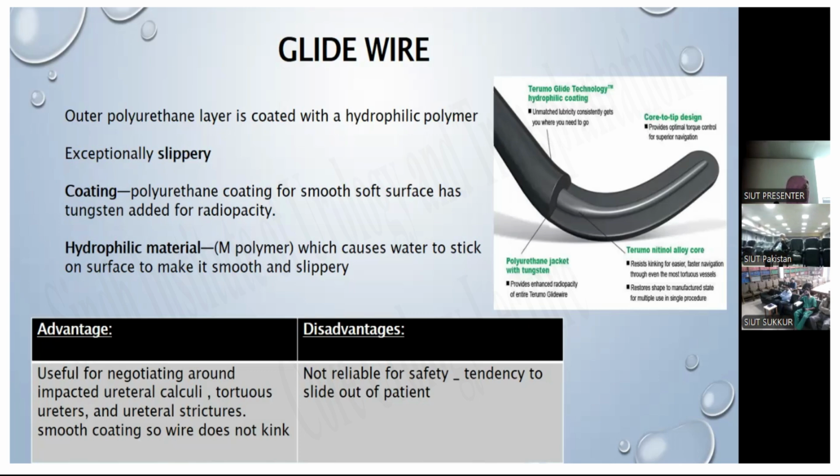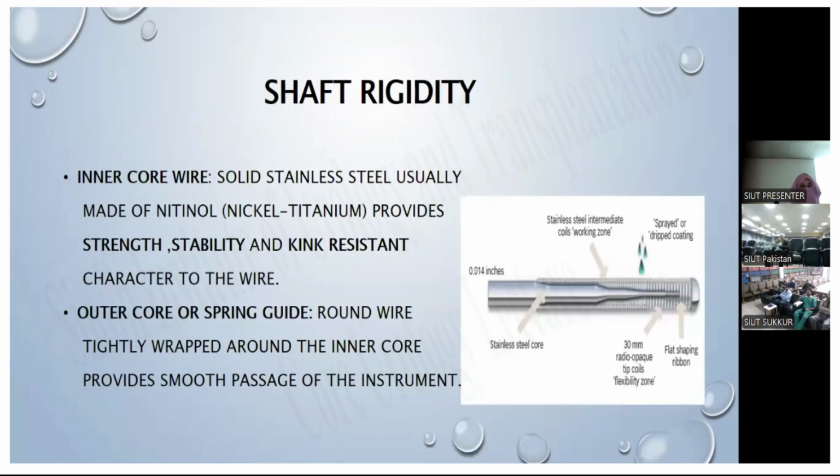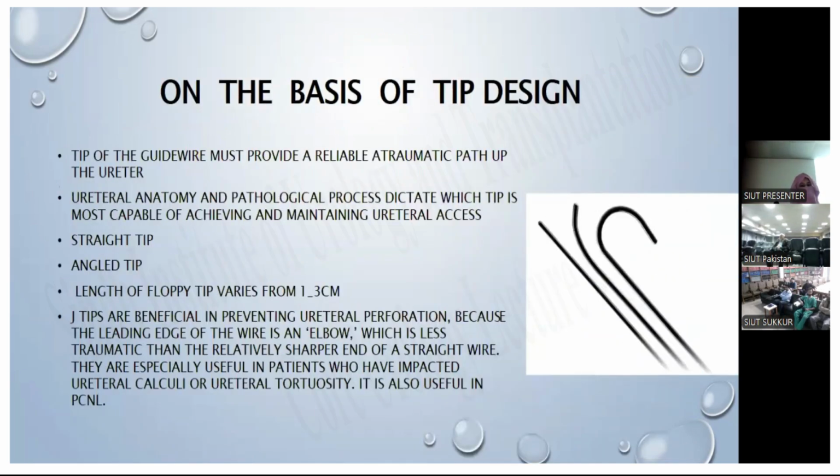So understanding the guide wire is the main thing, which is the first step towards what we call endourology. If you want to delve into the subject of endourology, you've got to know your wires, you've got to know the caliber of wires, the length of wires and the coatings.